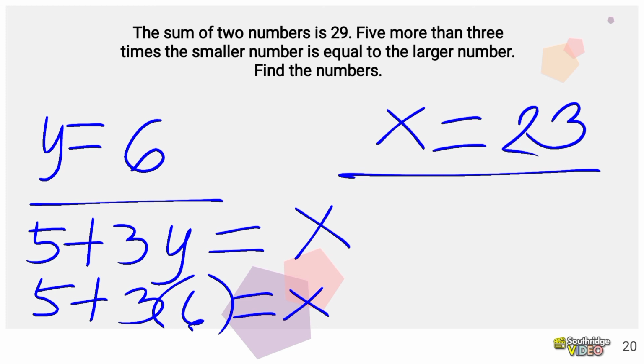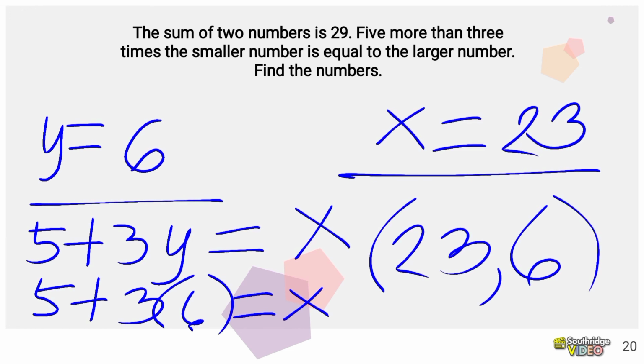Since x is the larger number, it is equivalent to 5 more than 3 times the smaller number. So the solution here, we can write as 23, 6. That's the end. For more solutions, alternative solutions in dealing with these kinds of different problems, watch out for the next video lessons.